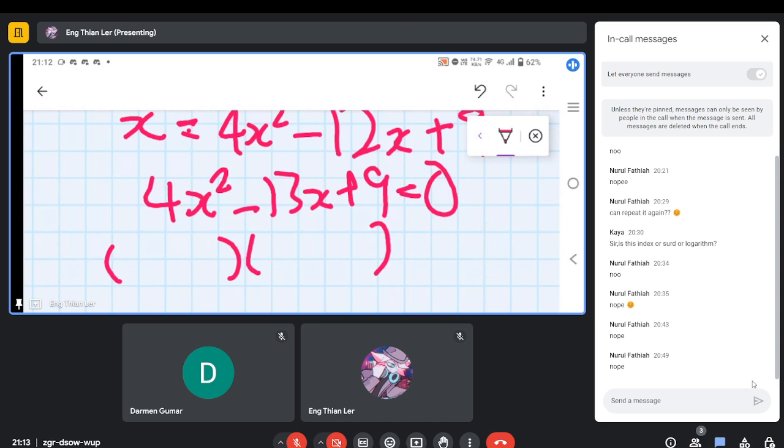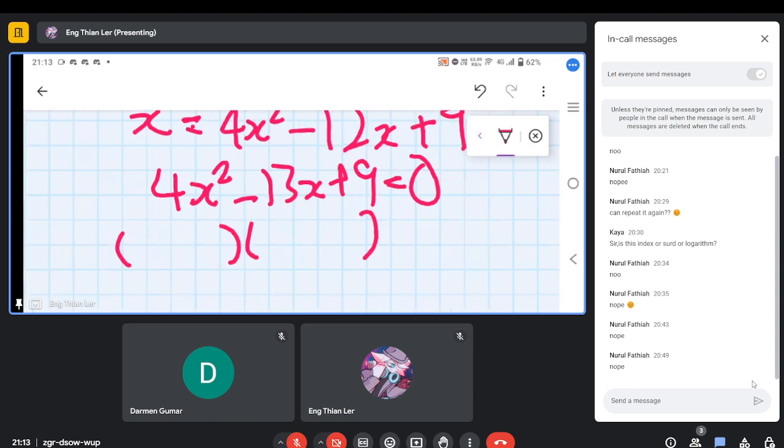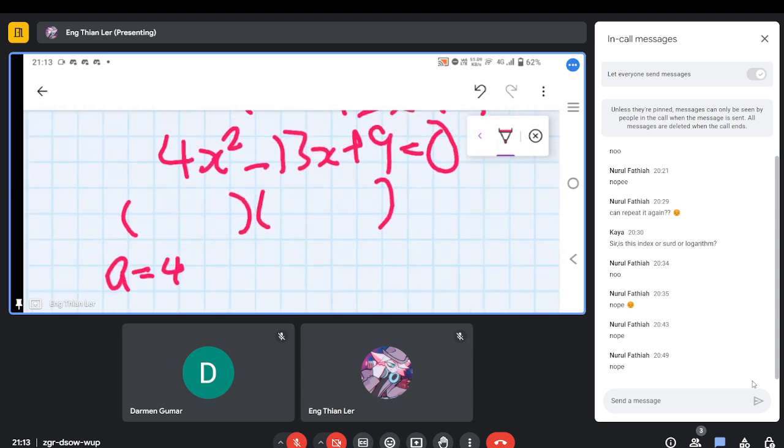Now let's solve for x. Put this in the calculator: mode, equation, press 1, go to the right, you will see degree, and then press 2. This means we are solving a quadratic equation. So a is 4, b is negative 13, c is 9.